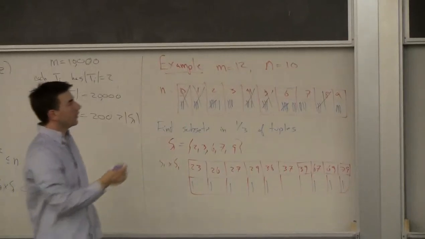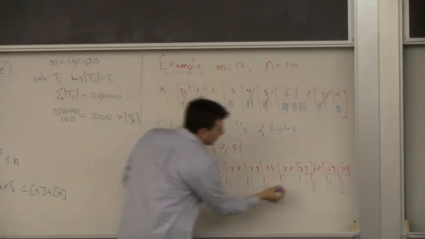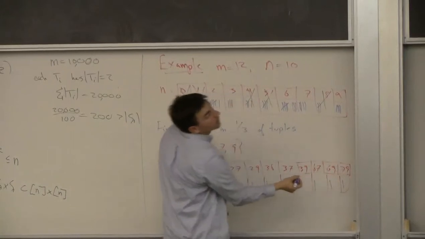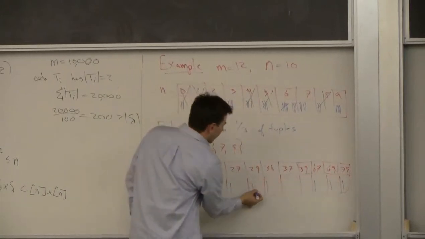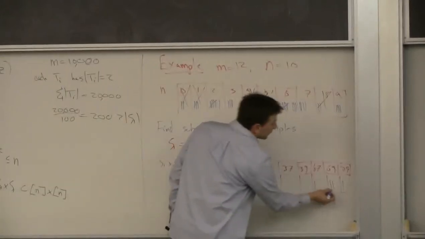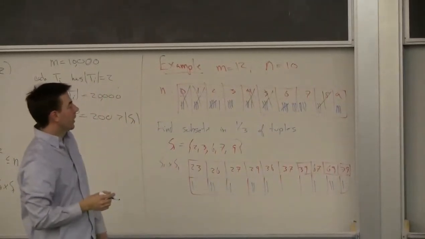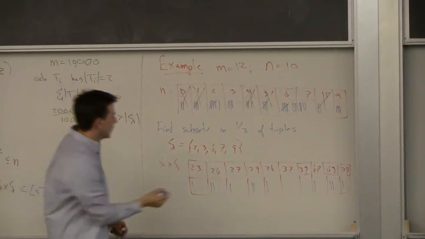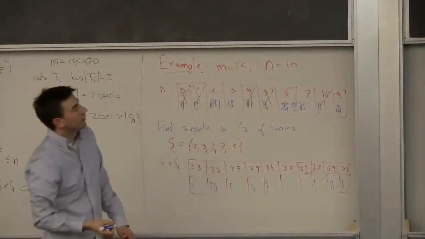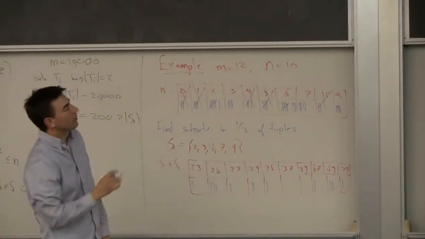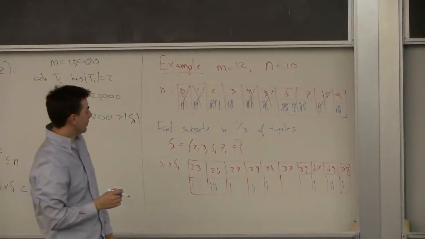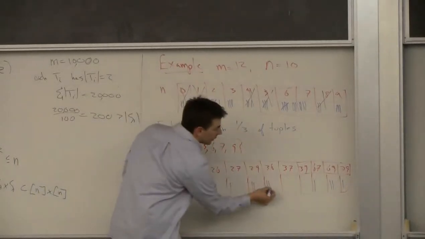Now I have a 2, 6, a 2, 9, and a 6, 9. 7, 8 says nothing. I have a 2, 6. I have, tuple 7. Now I have 3, 6 is the only interesting thing.